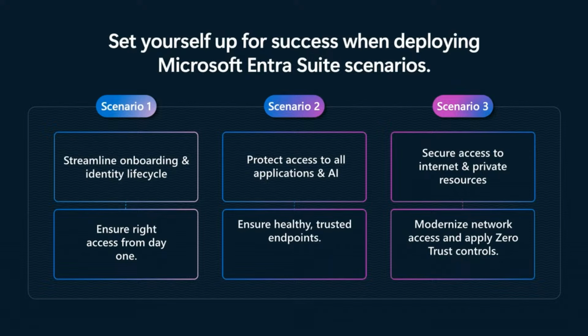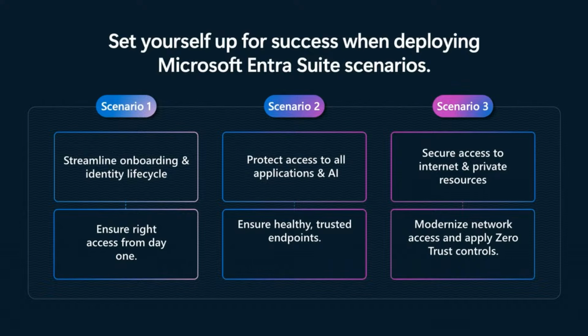Automated provisioning is what makes streamlined onboarding and lifecycle possible. Every user gets the right access from day one, and we can automate the joiner, mover, leaver workflows. With onboarding compliant devices, it's an integral priority for us to protect access to all the applications and AI by ensuring only healthy, trusted endpoints can reach our sensitive resources.